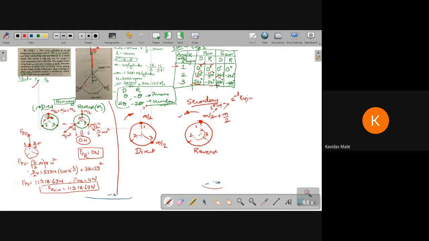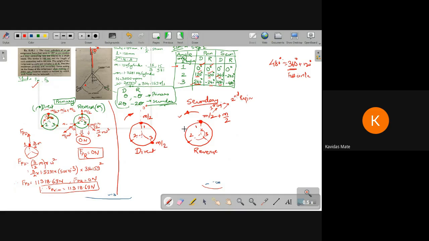Next, coming to the third one, for secondary direct, this is at 480. Ideally it should be kept at this position, but since we are operating with the same crank, it won't be located at this one. It will move with 480 degrees. 480 degrees is equal to 360 degrees plus 120 degrees. Why did I make it 360 plus 120? Because this 360 will make a full circle, and it will come back to the same point.